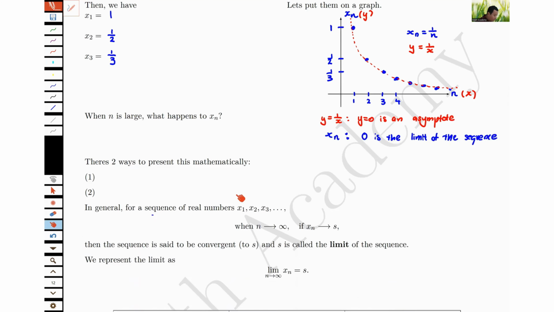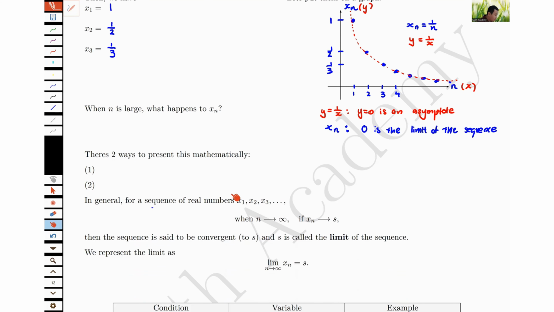So therefore, we want to learn how to write it out in words and also mathematically. When n is large, what can we say about xn? I can say that xn tends to, or we can use the word converges to, 0.